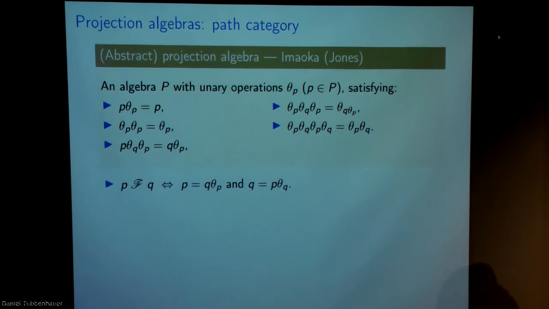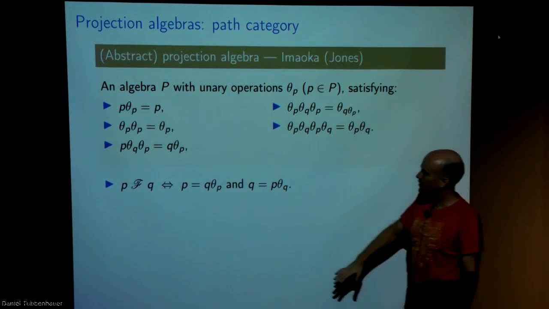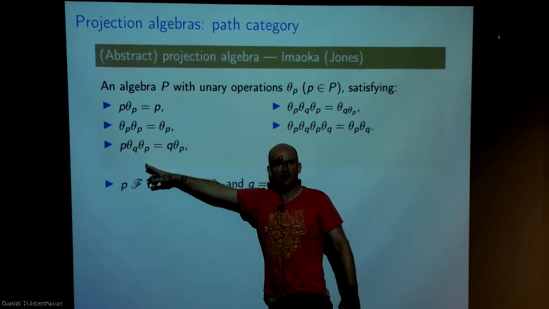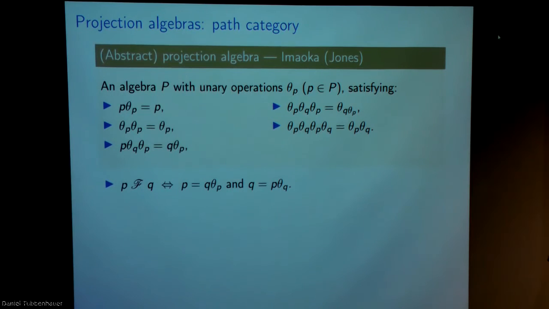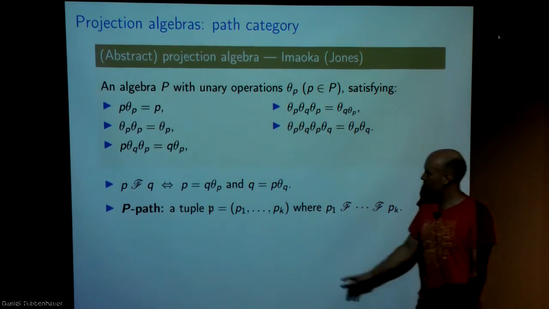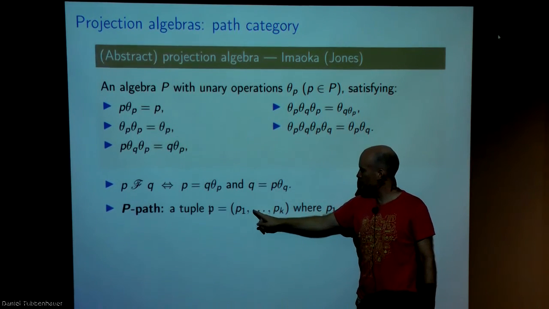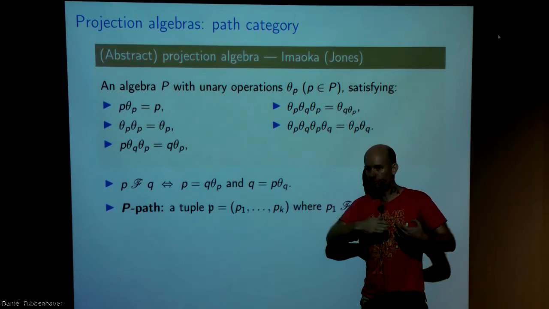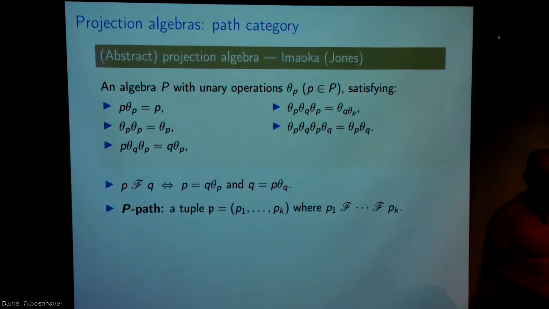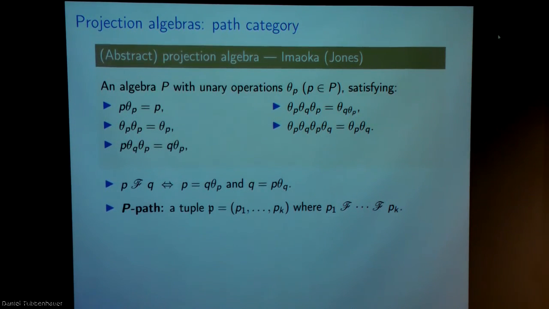This is essentially a free category on this relation. So we've got this F relation from the previous slide. And now we just consider sequences of projections where each is friends with the next, and so on. They're not necessarily all friendly, it's just a chain of friends. We all know that, you know, if I'm your friend and you're their friend, I'm not necessarily their friend.